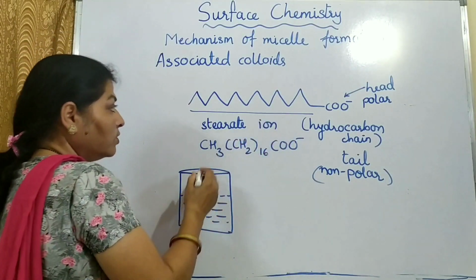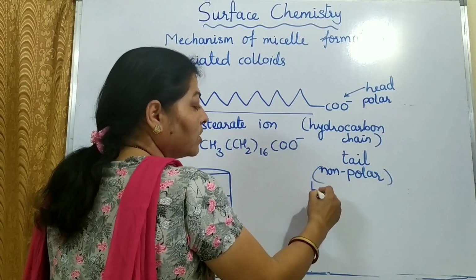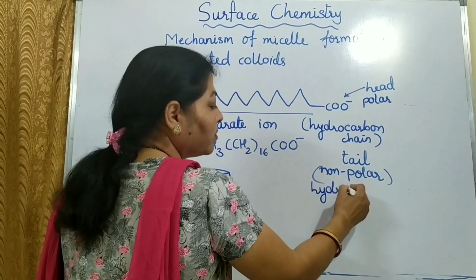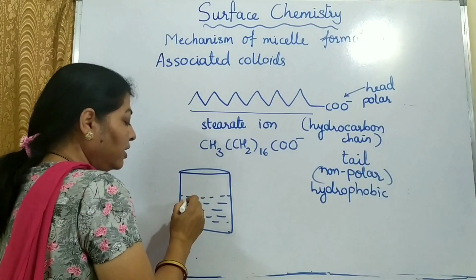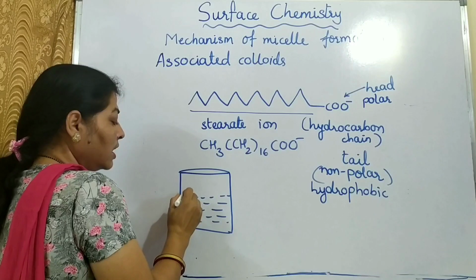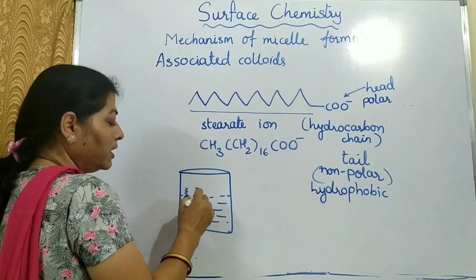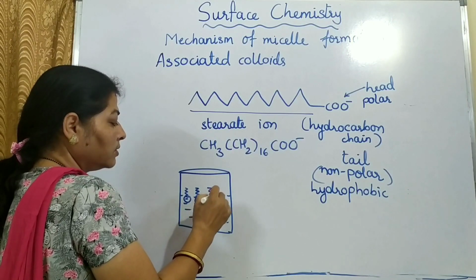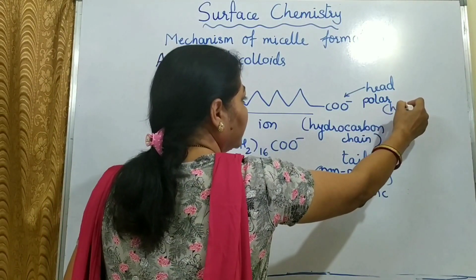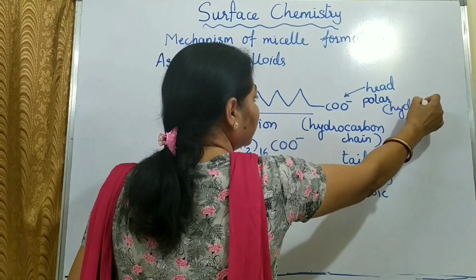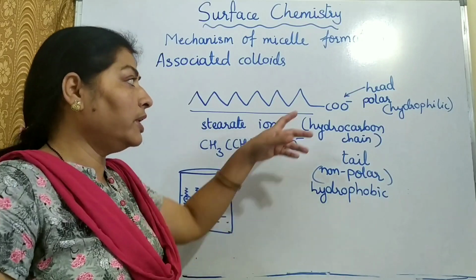So the soap molecules, this part which is non-polar, is also hydrophobic. Hydrophobic means which hates water. So it will try to remain away from water, and the head part which is ionic will try to remain in contact with water. So this is the hydrophilic part, means it gets attracted towards water, because water is also polar in nature.